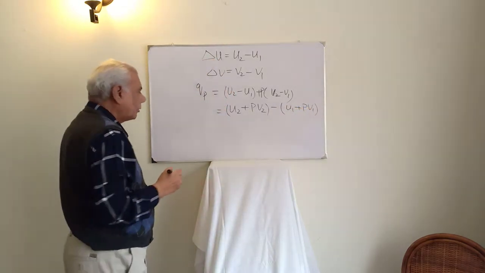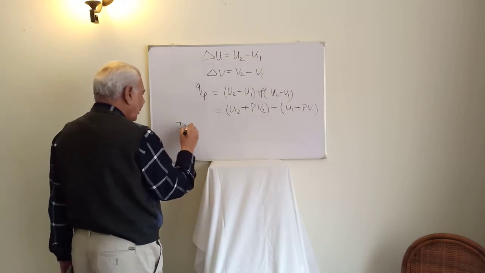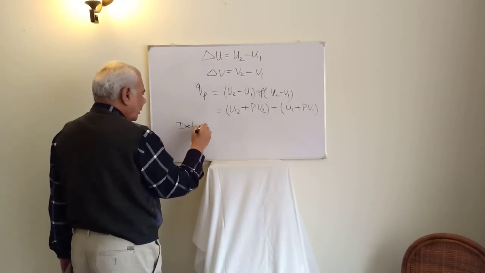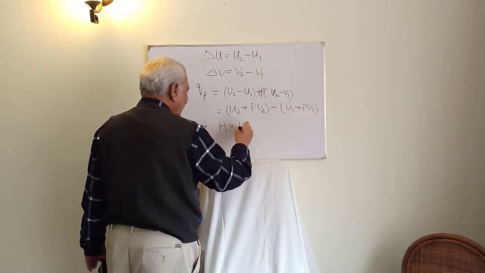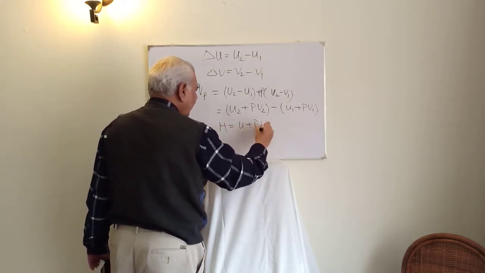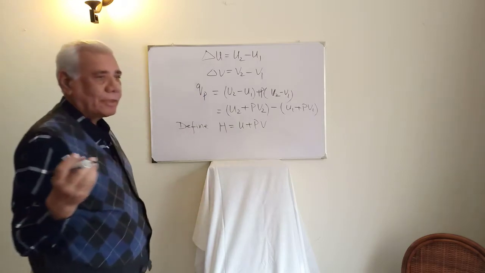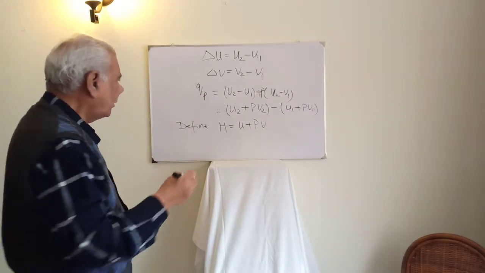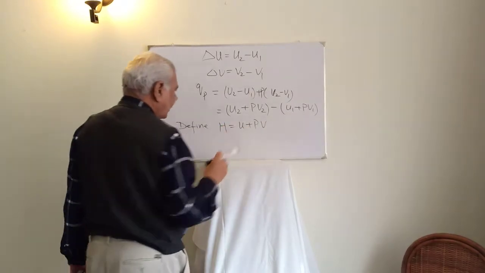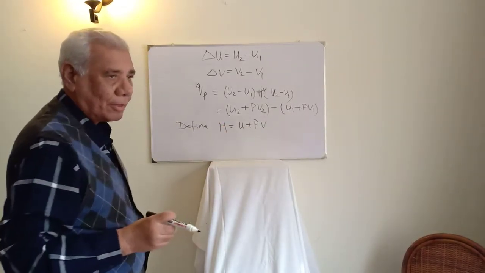Okay, now we define H as U plus PV. H is a new thermodynamic function which is defined by this relation, U plus PV.